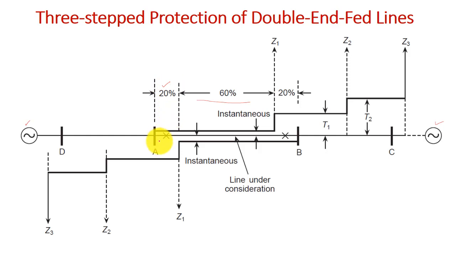For 20% towards the line end A, it is instantaneous, because relay A will detect the fault within this, but from end B, it is not instantaneous, there is some delay.